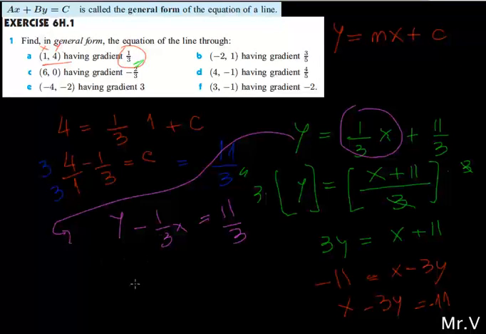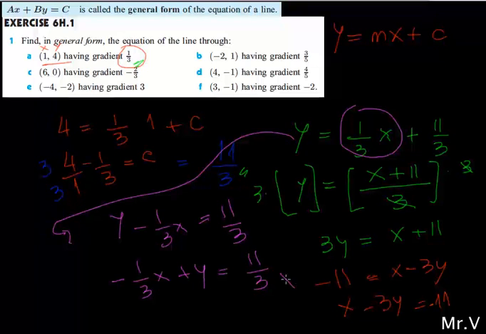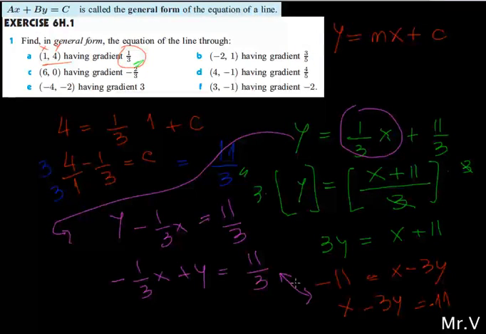Here you just reorder the equation. You leave 1/3 x plus y equals 11/3. So far, this expression is exactly the same as this one. If you express your answer in this form, it is correct.